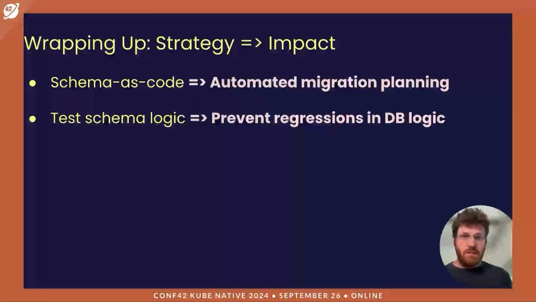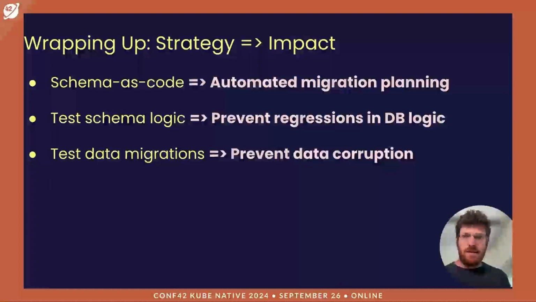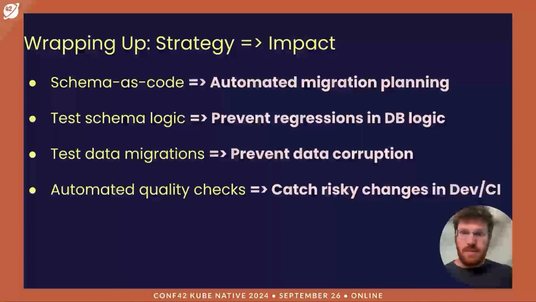Testing schema logic, being able to write unit tests for your database logic, can prevent regressions as your application evolves. Testing data migrations, when we need to rewrite data in our table as part of the migration process, can prevent data corruption and getting us into a very nasty incident where we need to restore data from backups.